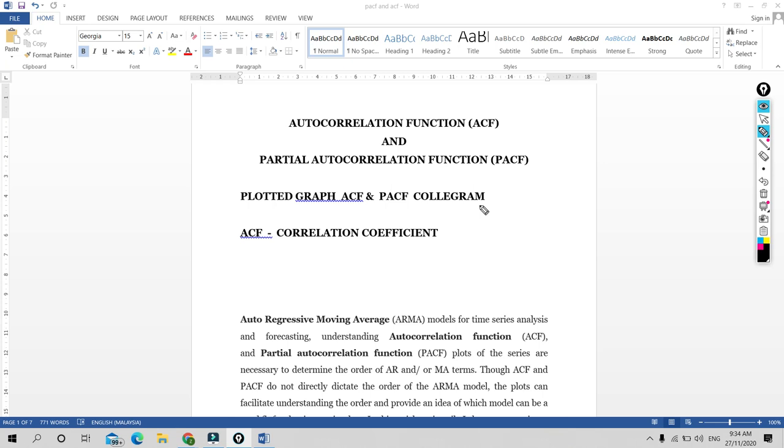So autocorrelation, AC, is just a correlation. Now, if I have Y data here, Y_t, so autocorrelation. So in autocorrelation we have a term called lag. Lag. L-A-G.